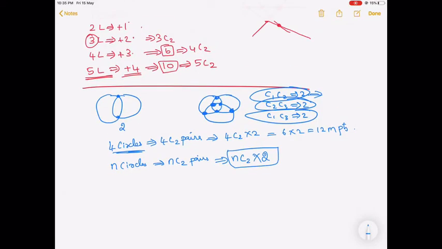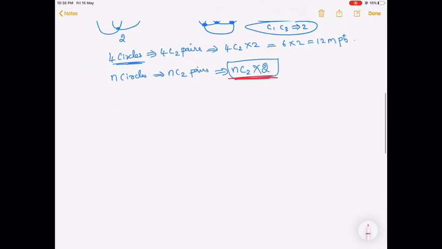The same thing if I have to generalize for straight lines: for n lines, there will be nC2 pairs of lines, and therefore there will be nC2 meeting points. This is amongst lines, and this is amongst circles.